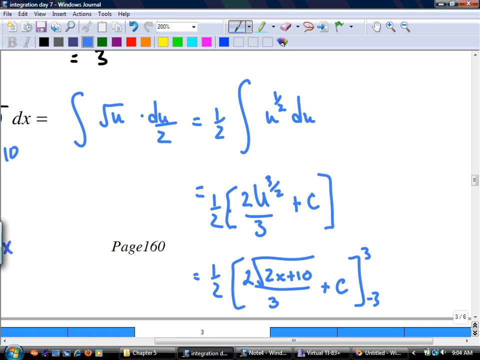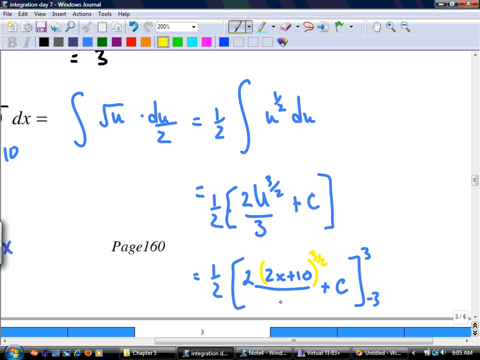Now you put 3 in and negative 3 in. Oh, 3/2. Good call, sorry. So then you would put 3 in for x and negative 3 in for x, and you would subtract your answers. Anybody not like that half out front?